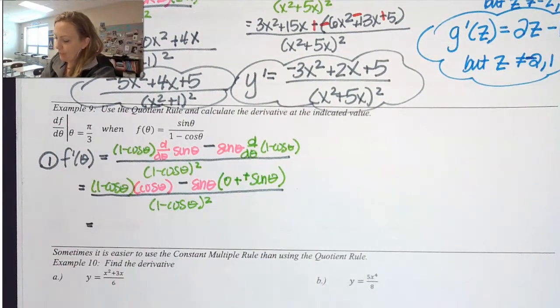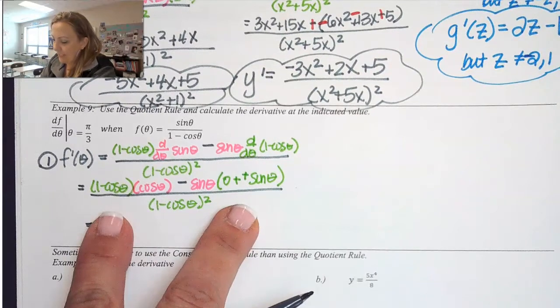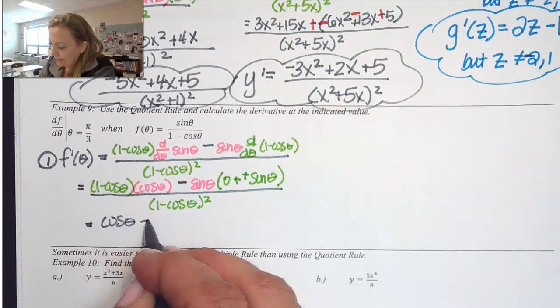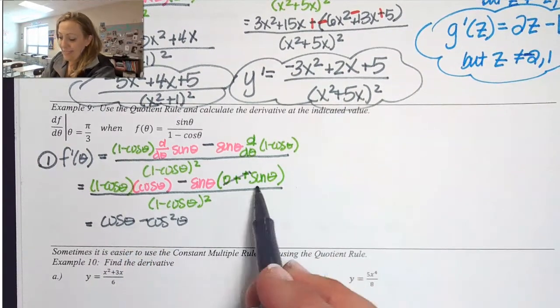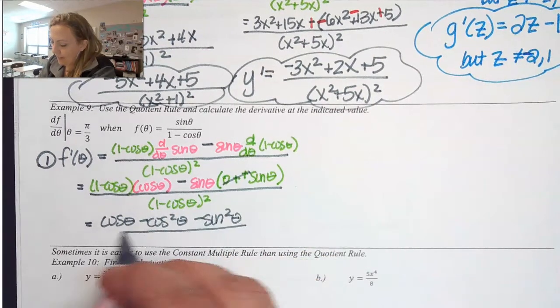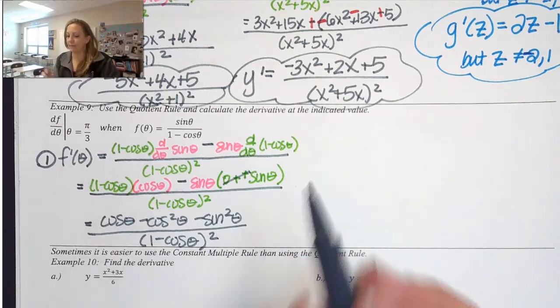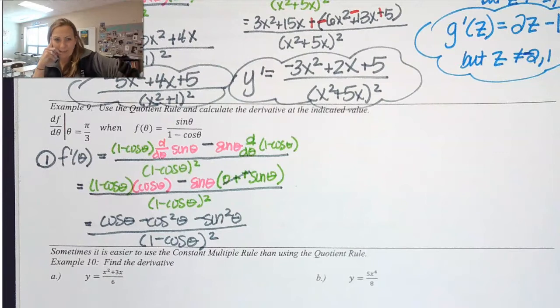So I guess we could distribute, because there aren't any common factors that I'm seeing here. So this gives me cosine theta minus cosine square theta. I can see this is just sine theta, so this is going to be minus sine square theta. And then this is over the quantity 1 minus cosine theta squared. So how could I simplify this?